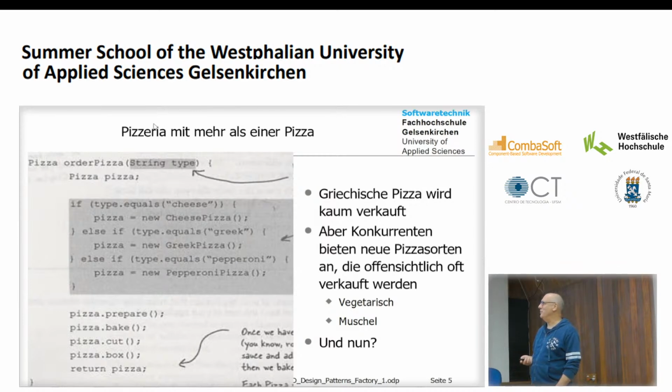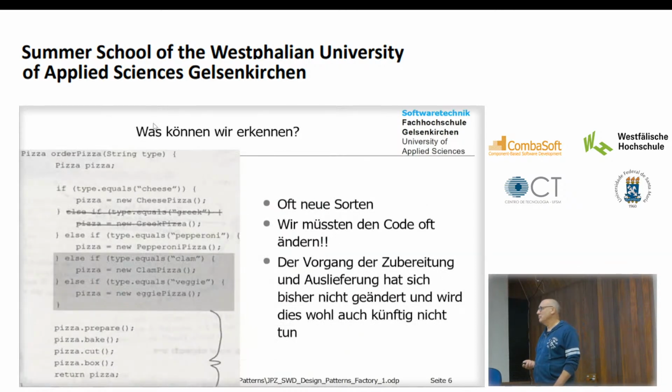Clam, I think it's clam. Pizza, seafood. How do you manage that? Okay, you have to go into your code, you remove the Greek pizza, and you add clam, which is seafood, and a special veggie pizza for the women who don't eat meat.